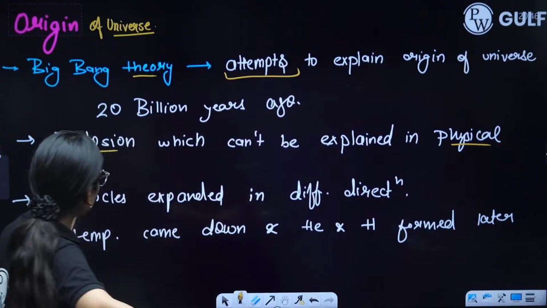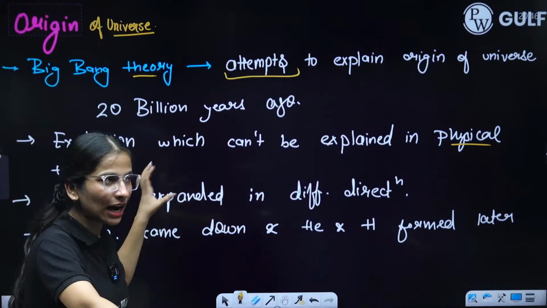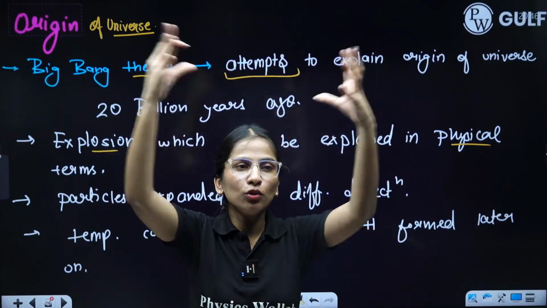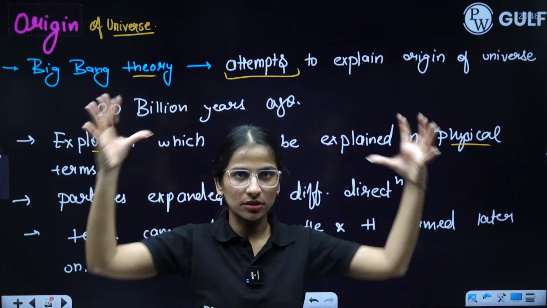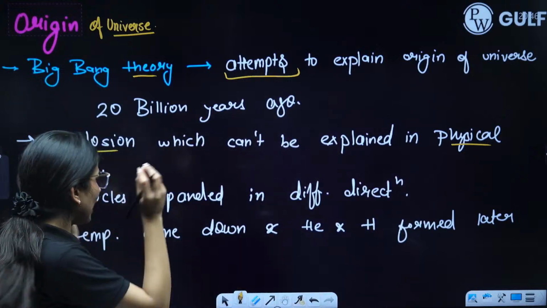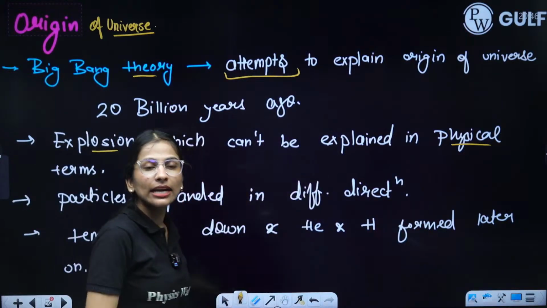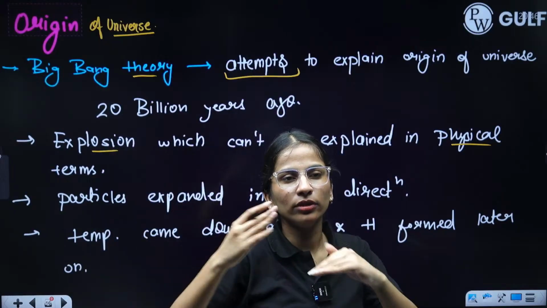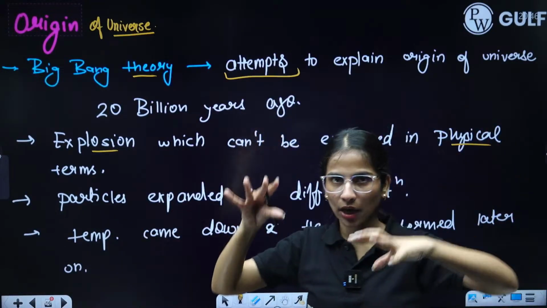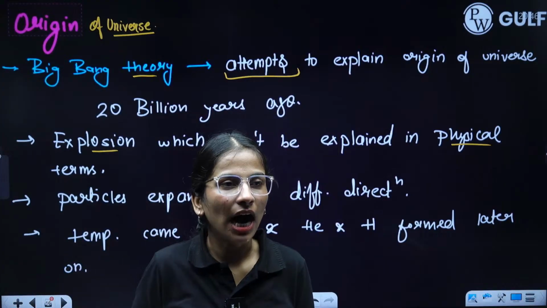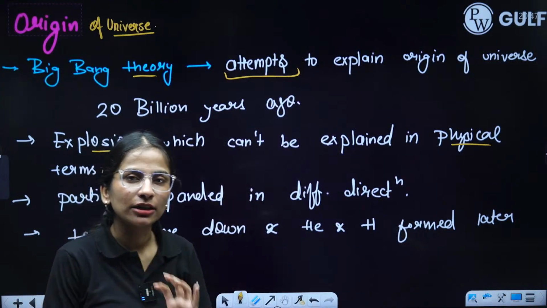Okay, now obviously after the explosion, when you have a small particle and it explodes, all of those particles are going to disperse in a huge space, and hence the universe had an expansion of particles in all different directions, and those particles slowly started cooling down. After the explosion everything is very hot, with high energy, so slowly they started cooling down.